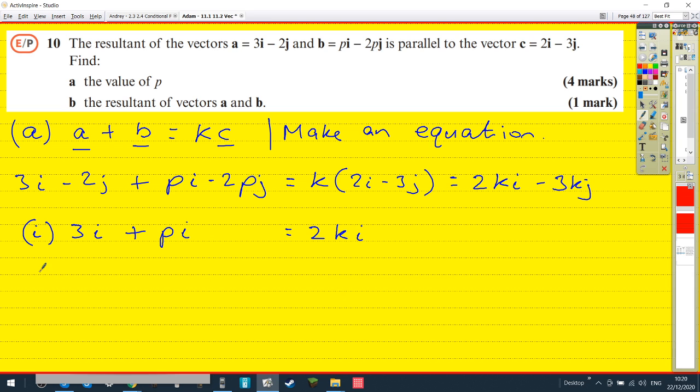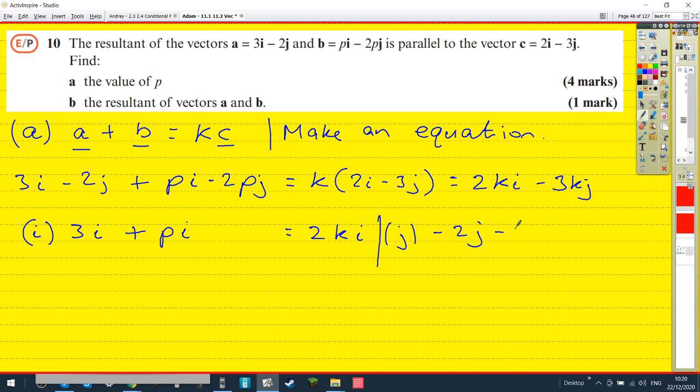Okay, j direction. Minus 2j minus 2Pj equals minus 3Kj. Then can you put that into the calculator? Because we don't know what K is, can you still put it into the calculator? You can. You can just ignore the i's and the j's, or you can divide everything by i, and everything by j.